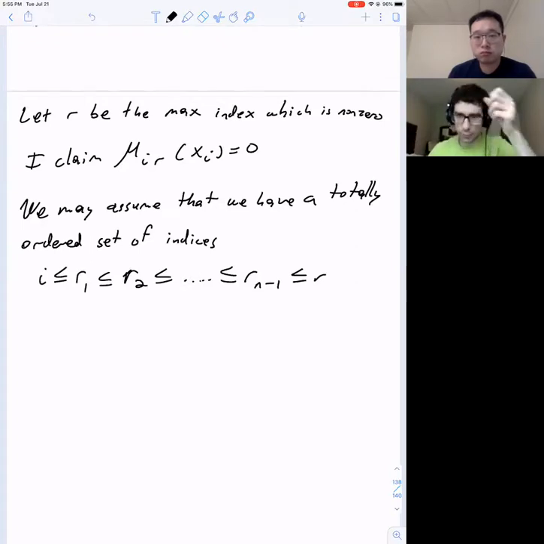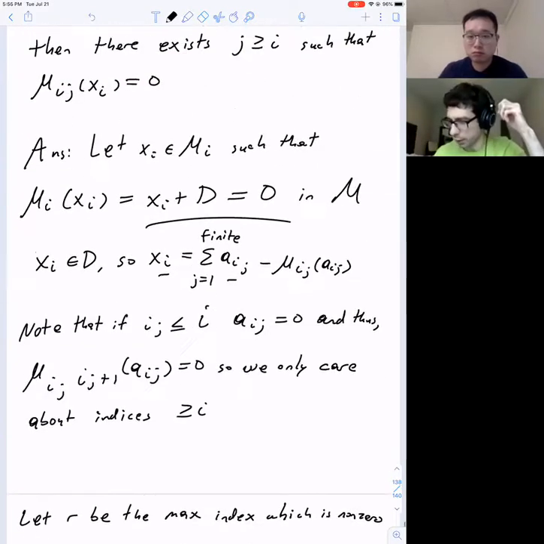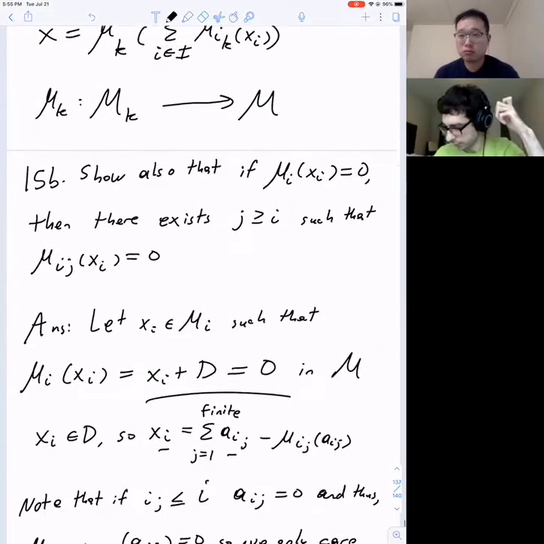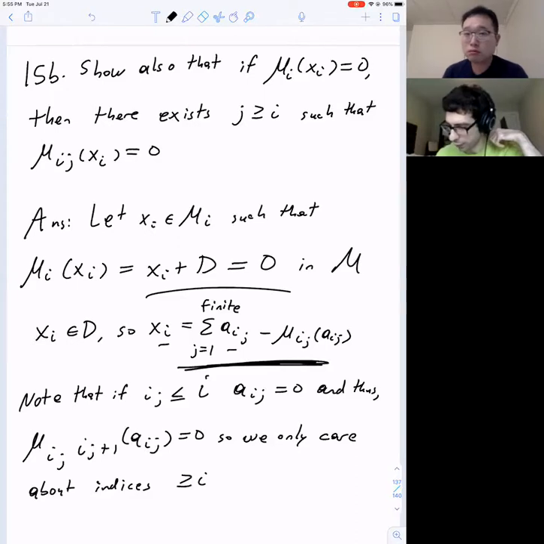So this is the setup. If you go back here, I will try to find all the possible cases where you'll have this sort of decomposition.